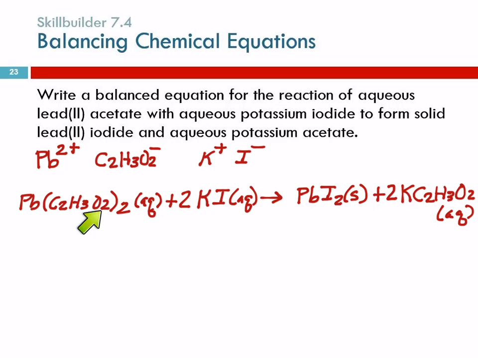Here I have oxygen, O2, inside the parentheses, and there's 2 of them. How many oxygens is that? 4. Over here, I have O2, and I have 2 of those. That's also 4. So you can do it either way. It's a matter of preference. Any questions?